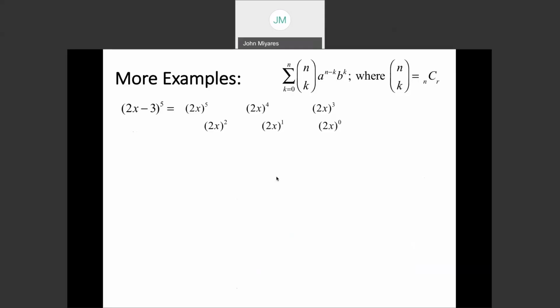Then we're going to look at the second term, the -3, which we're going to treat as a -3 and raise that to successively increasing powers, starting at -3 to the 0 power and ending with -3 to the fifth power. Since we're raising this binomial to the fifth power, we're going to take our coefficients from row 5 of Pascal's triangle to get 1, 5, 10, 10, 5, and 1.